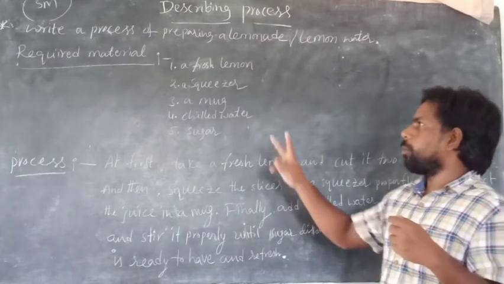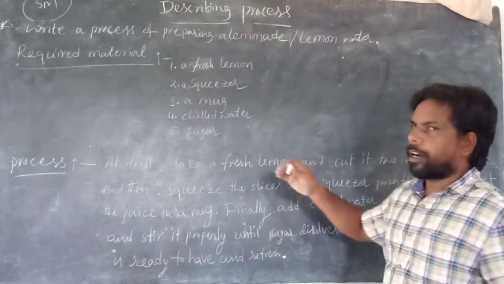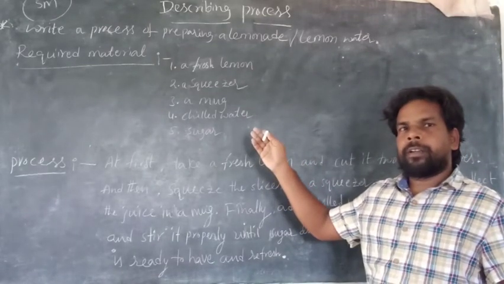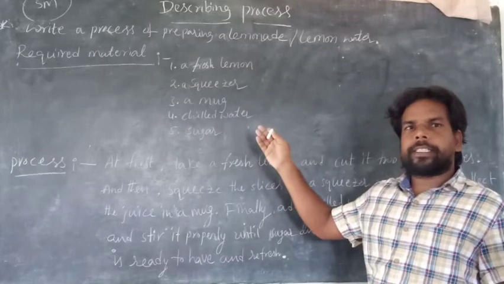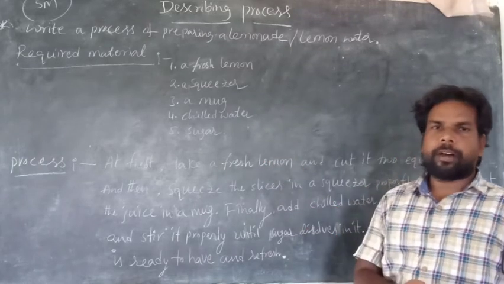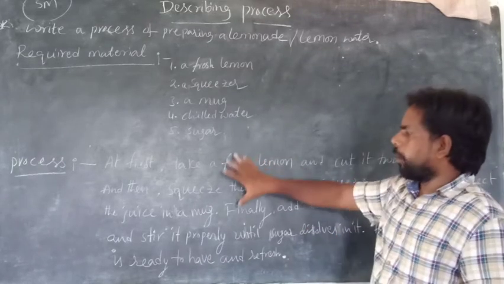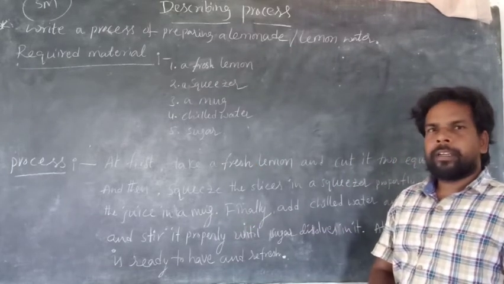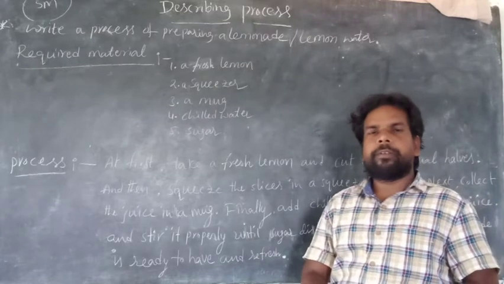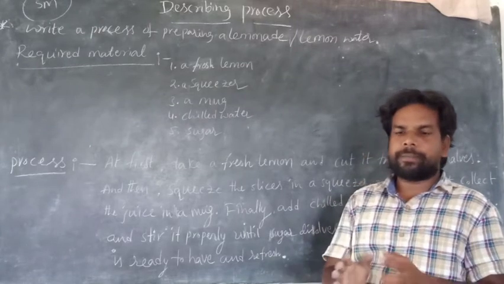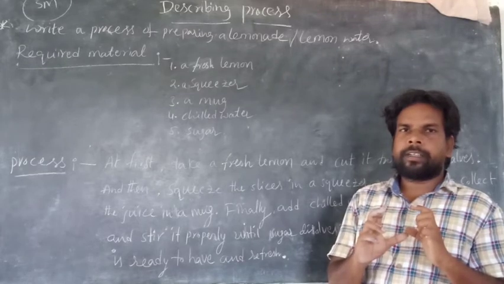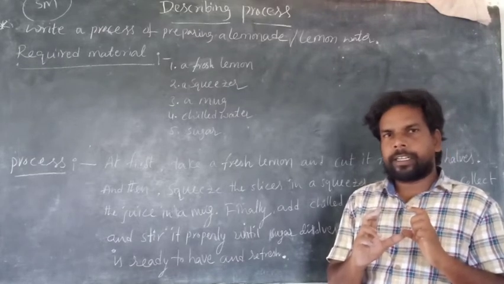If you write two side headings, it appears like a lot, so that the examiner will not hesitate to give full marks like 4.5. If you write only these four or five lines, he doesn't want to give full marks because it seems a short paragraph. Is it clear?